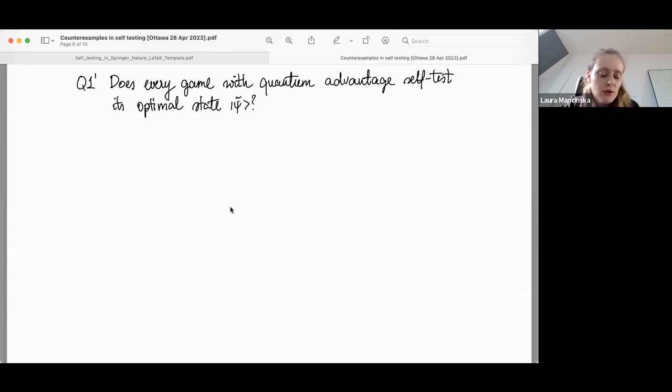If you just wanted to know that your state generation box produces the correct state and you have trusted measurements, you can measure using your trusted measurements and check whether the statistics are correct. But if you have neither trusted measurement nor state generation boxes, then it's a chicken and egg problem.